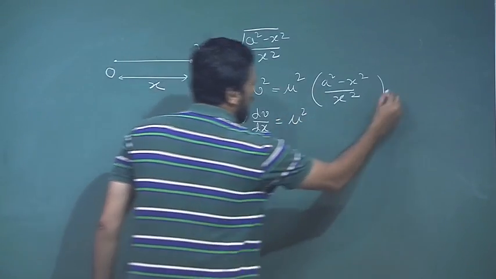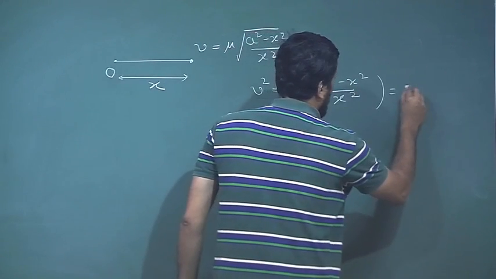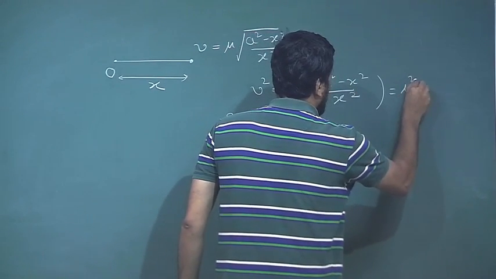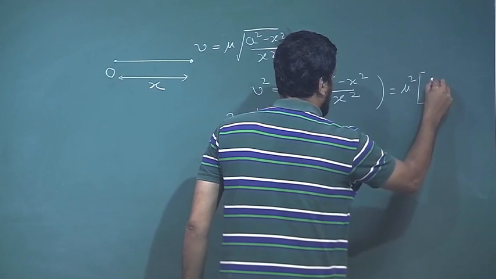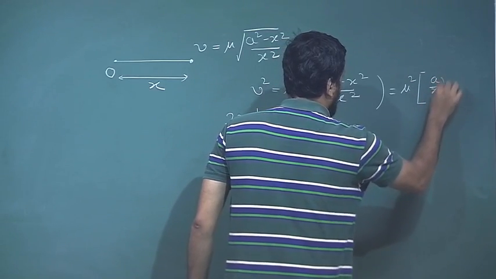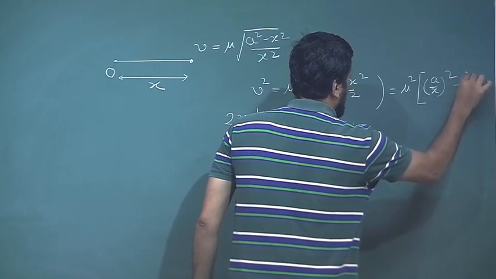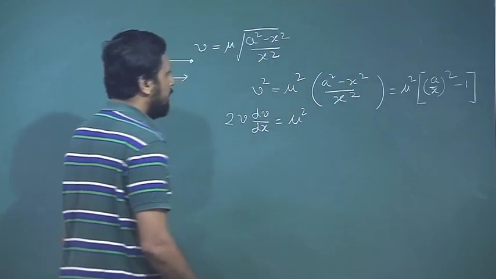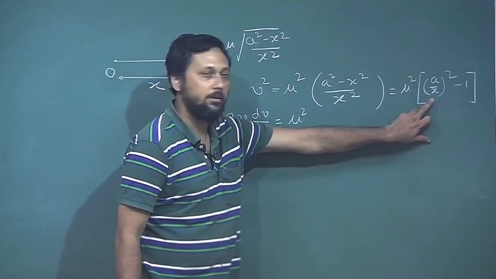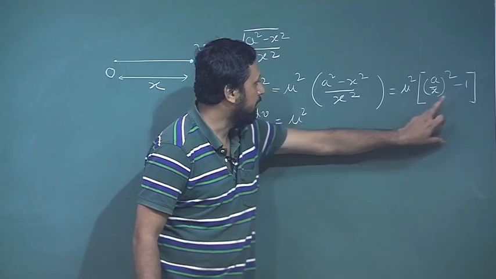First, for simplicity we can quickly rearrange this as mu square times s by x whole square minus 1.